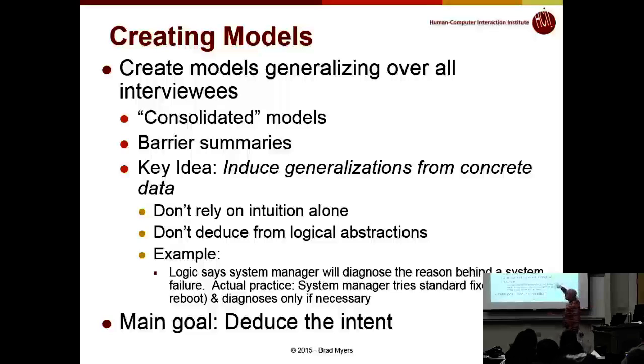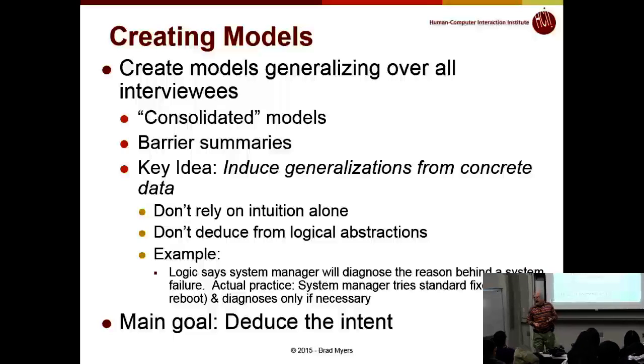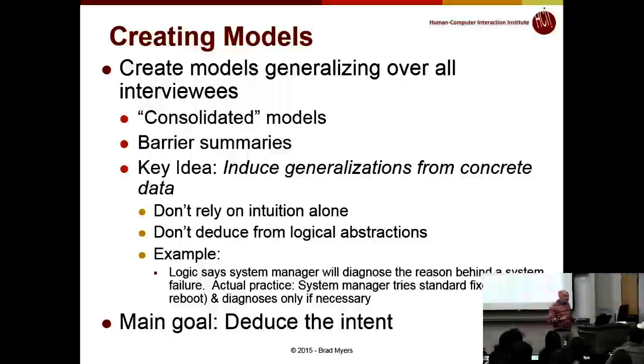For this homework, you're just going to have one model for one person for one system. And so you'll basically turn in 3 models. Well, the artifact model will have lots of pages, one for each screenshot or whatever. Typically, the flow model will fit on a single page, but you can make it a little bigger if you need to. And similarly, the social model will typically fit on one page. In real life, you would probably have one model per user, and then you would consolidate them and also have a consolidated model.